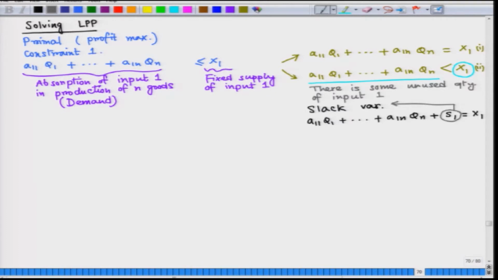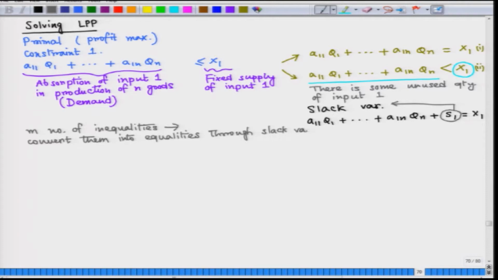So, to convert m number of inequalities, we convert each of them into a strict equality through slack variables.